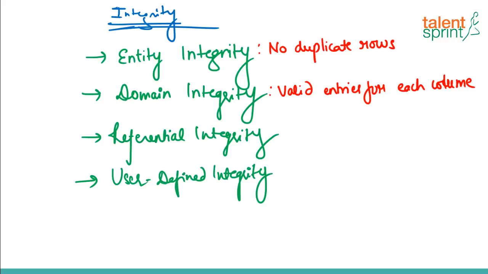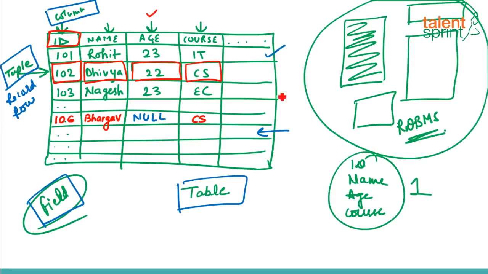Then we have referential integrity, which says that the rows referred by other columns cannot be deleted, right? So say if this particular row 103 Nagesh is being used in another table somewhere, table 2, we are using this in table 2. If this row is used in any other table in your database, then this row can never be deleted, right?